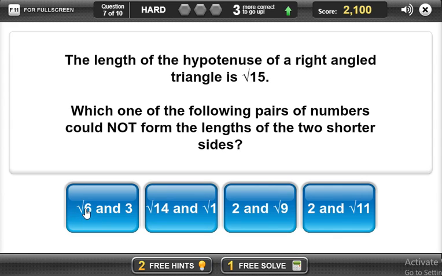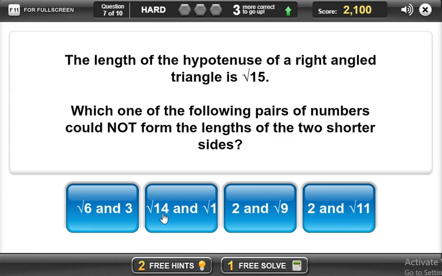If we square that one, we get 6, because you're taking a square root and then squaring it. They cancel out, so we end up with 6. If we square the 3, we get 9, so 6 plus 9 is 15, the square root of 15. What we've got here, it says which of the pairs of numbers could not form, so that one's a good one, that one works out to be the 15 that we want there.